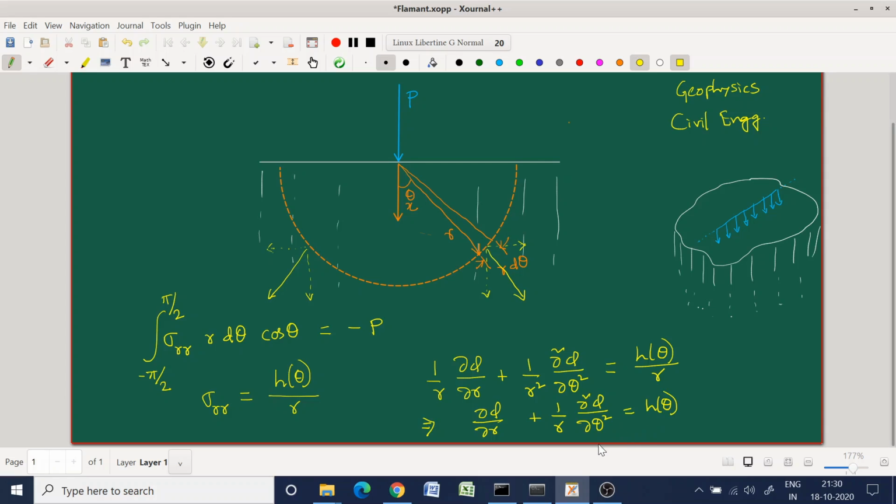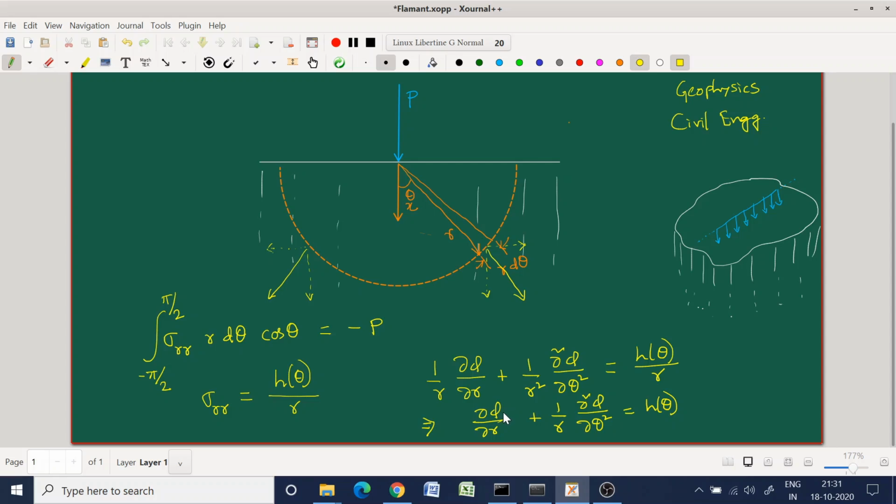Now see, this is a very, very interesting situation. What do we have here? This is del phi del r, and there is a 1 by r del square phi del theta square. Now what could be the possible form of this phi such that when we differentiate this phi with respect to r, that r dependence in it goes away?